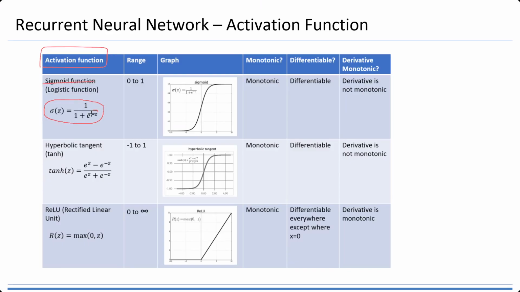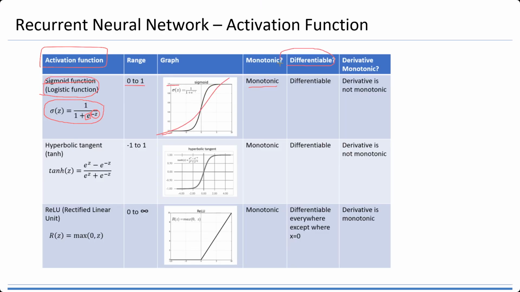So in this case, z, and we are using the e, or this is the exponent, the Euler number. The range of this value will be between 0 until 1. They call it monotonic because the numbers will be smoothed in between 0 and 1.